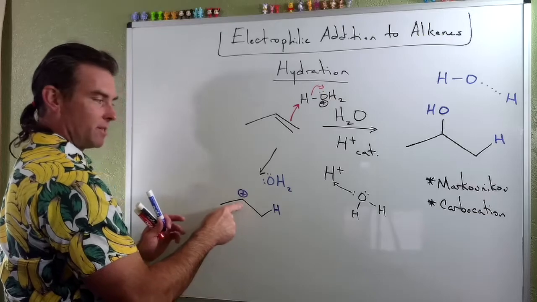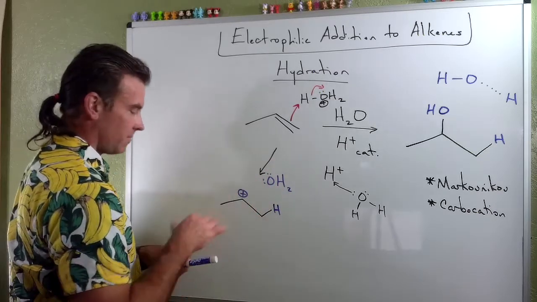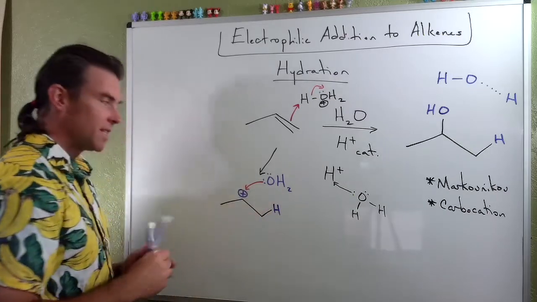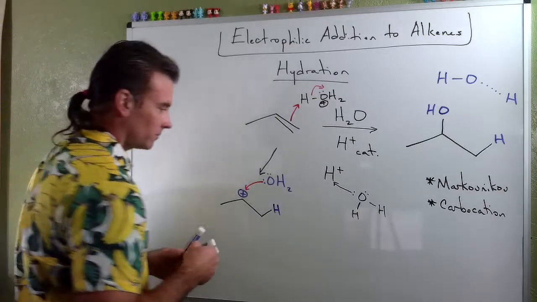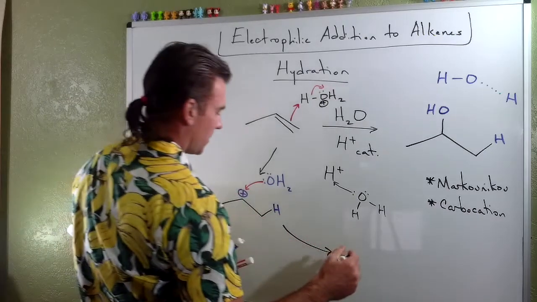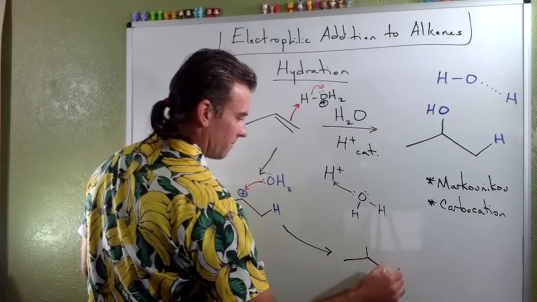Now this becomes the electrophilic species, and water comes in and attacks the carbocation. The problem is that we're not quite to the product at that point. We've gotten to something that looks pretty close to the product that we're trying to get to.